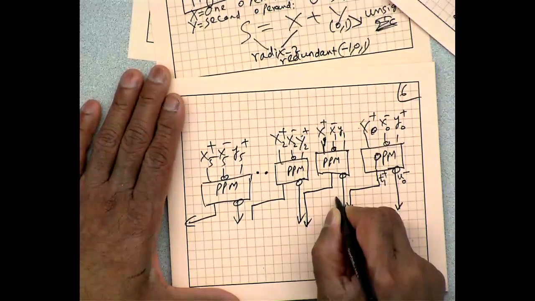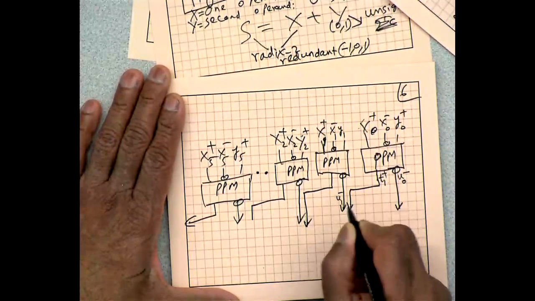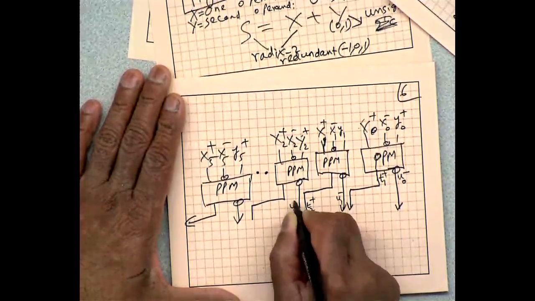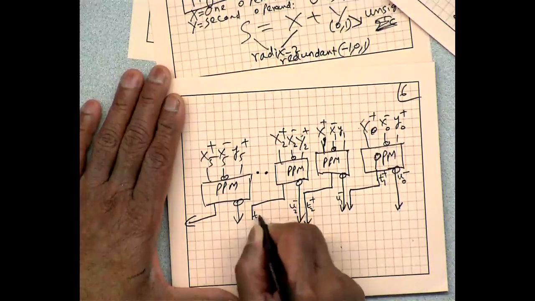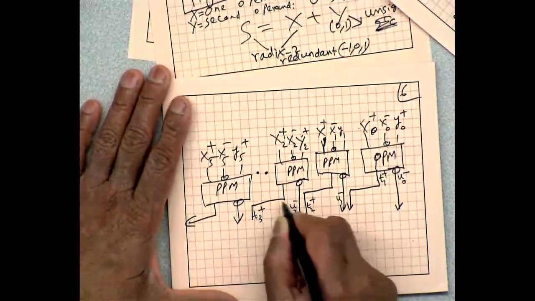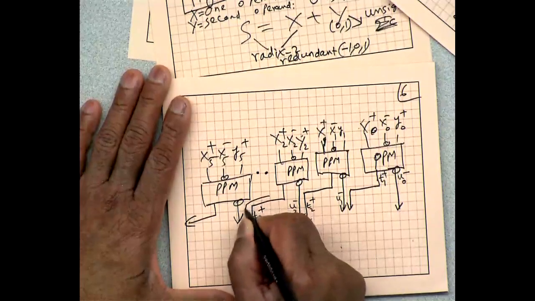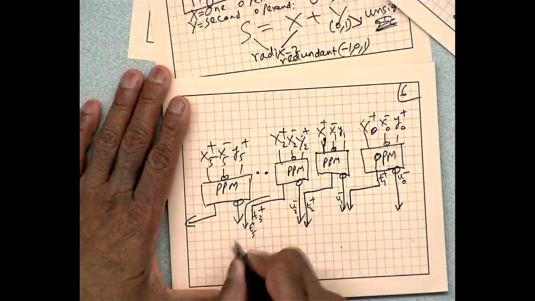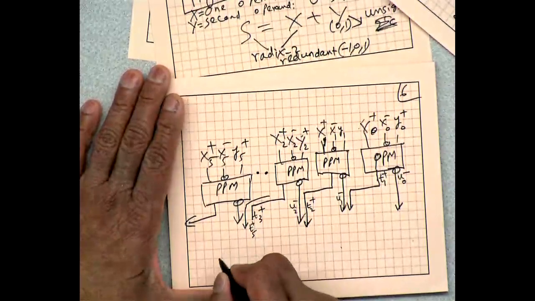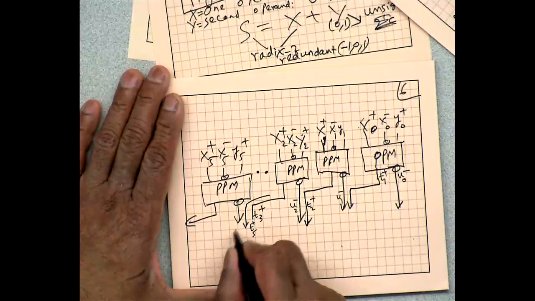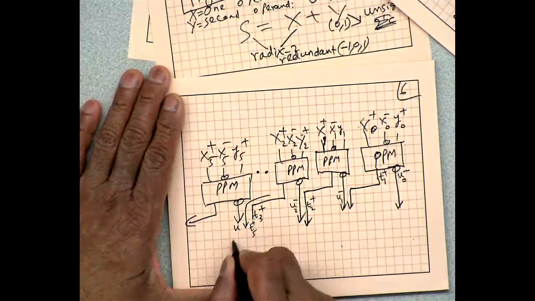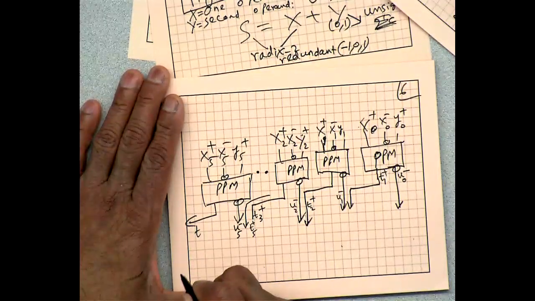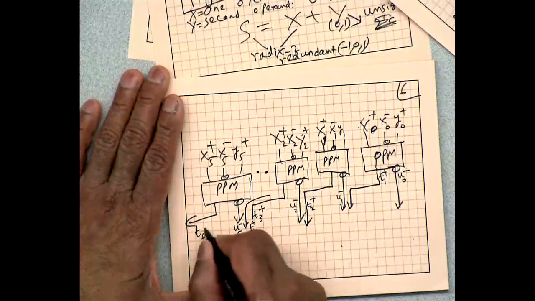Okay, so this is U1 minus, T2 plus, U2 minus, T3 plus, well, this actually doesn't come here. What does come here is T5 plus and U5 minus, T6 plus.